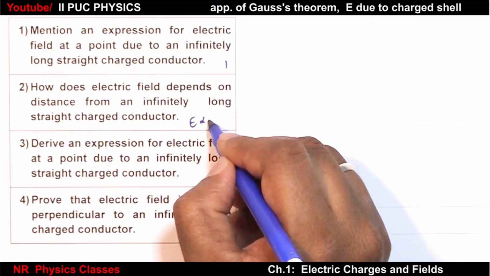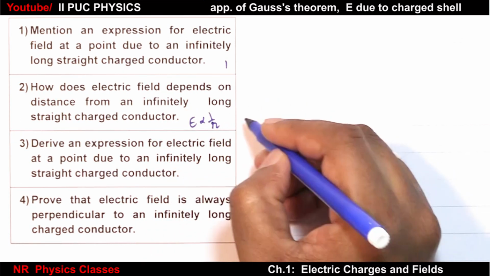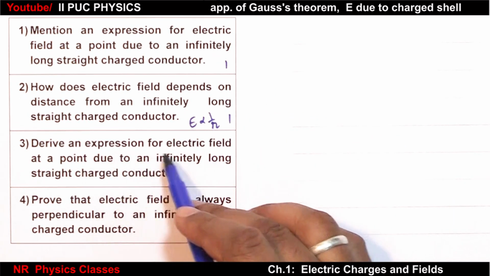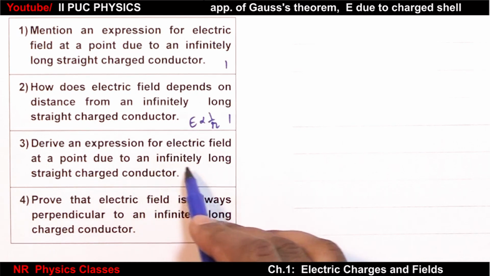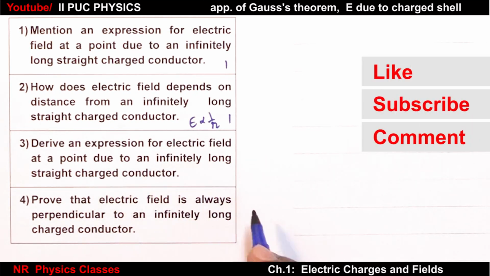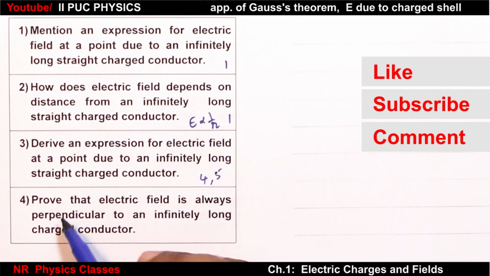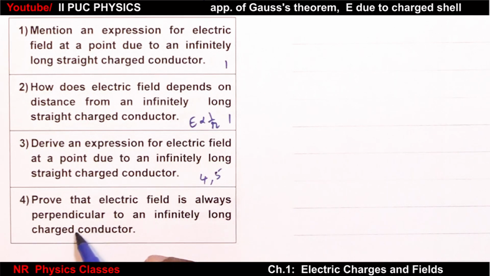Electric field is inversely proportional to the distance, for 1 mark. Derive an expression for electric field at a point due to an infinitely long straight charge conductor. So this is for 4 marks or 5 marks. Prove that electric field is always perpendicular to an infinitely long charge conductor. You have to write the first half of the derivation, that is for 3 marks.